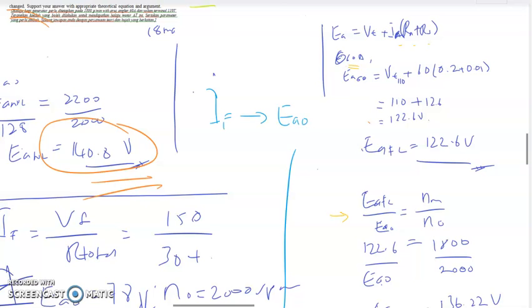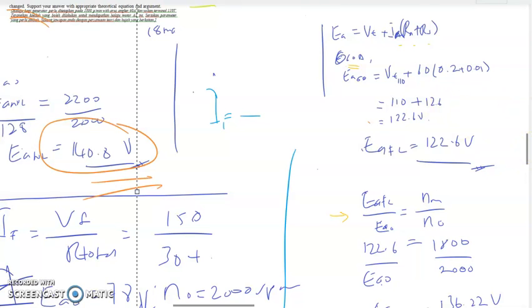Now we do the reverse. We don't know IF yet, so EA naught is the unknown, and we have to obtain it first before we can find IF.